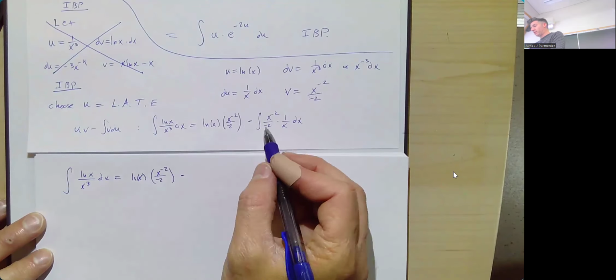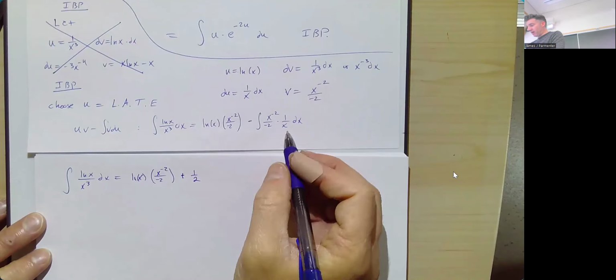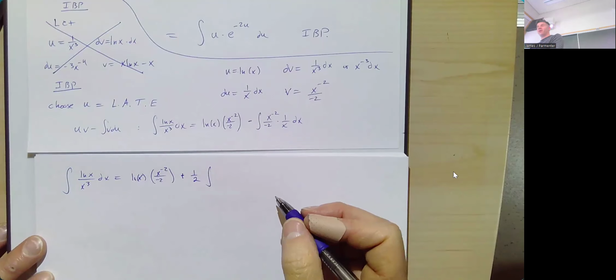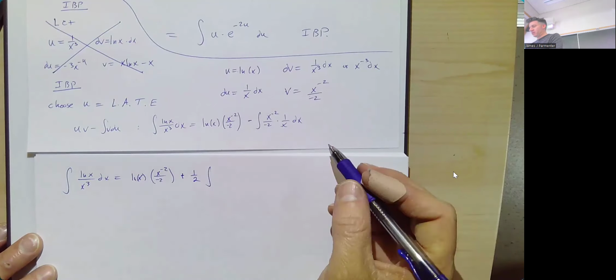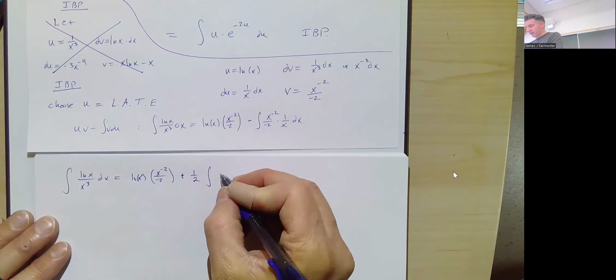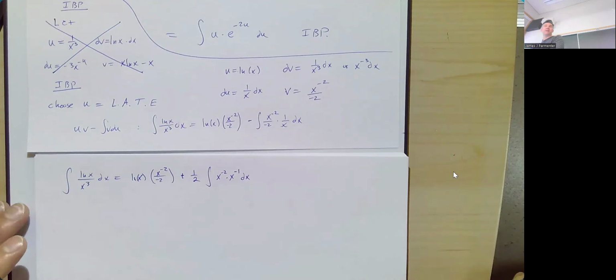Let's pull out the negative 1/2 to make it a plus 1/2. And then we have the integral of x to the negative second divided by x, that's really the same as x to the negative second times x to the negative 1, which is really x to the negative third. We're then going to integrate.